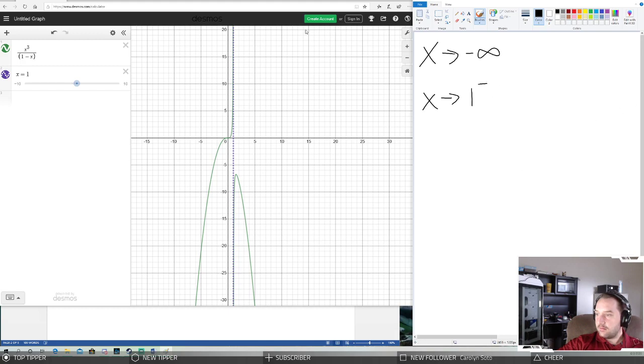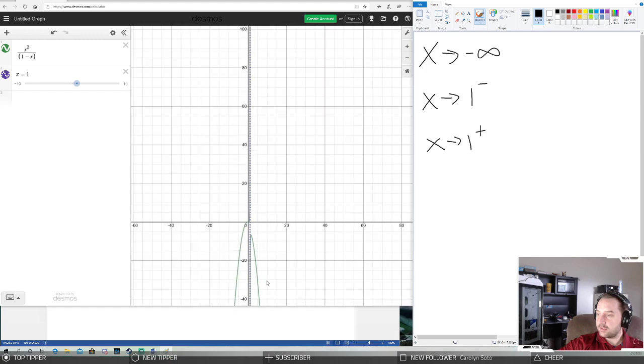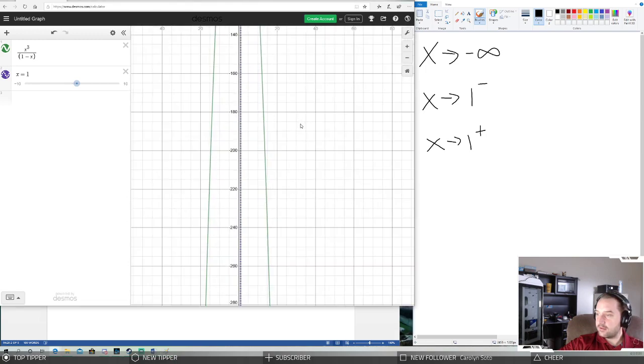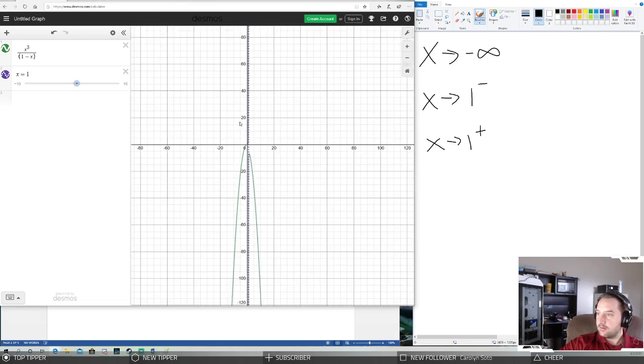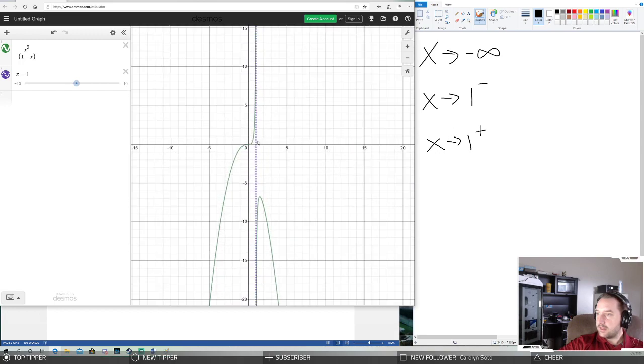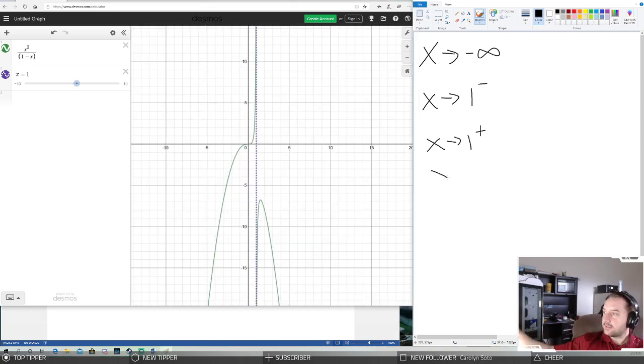And then it's going to approach 1 from the positive. So x approaches 1 from the positive. And then x can go on forever this way, and it looks like my y is going down forever as we're doing that. So I can say that x is going to positive infinity.